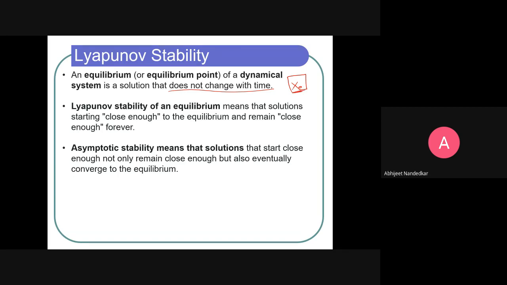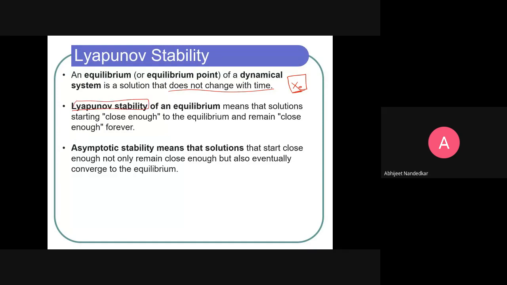Once your system is in equilibrium, it will not change this state space variable. Lyapunov stability of an equilibrium means that solutions starting close enough to the equilibrium remain close enough forever. So this is simple Lyapunov stability.